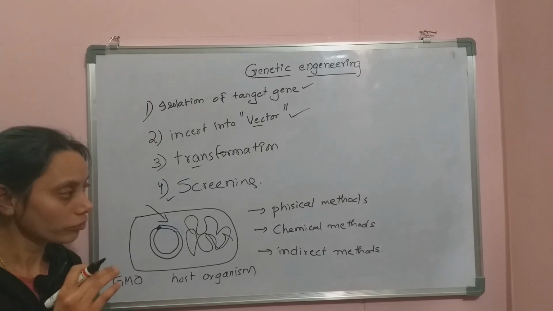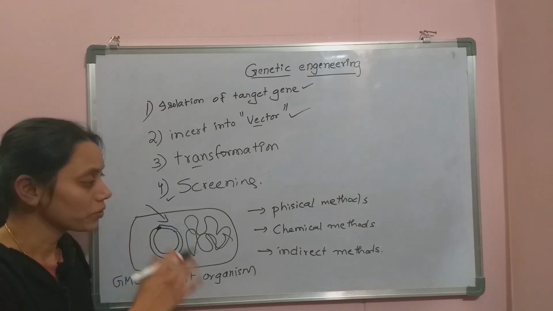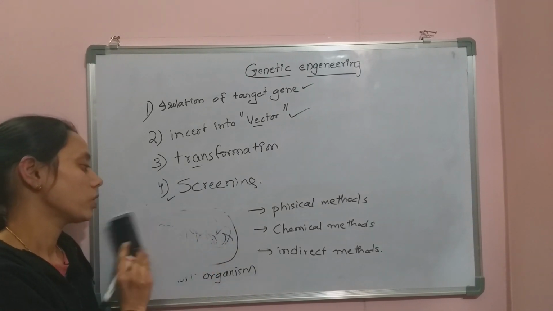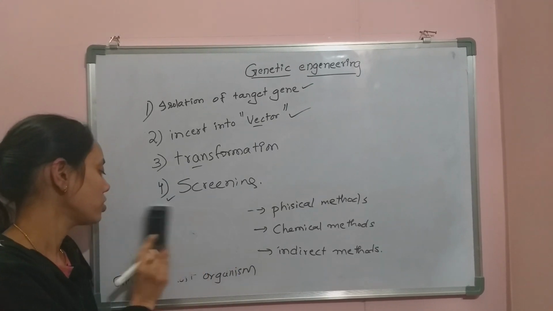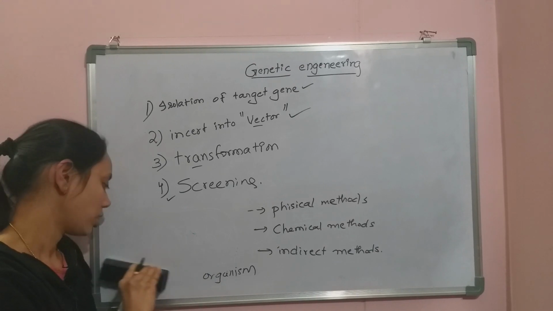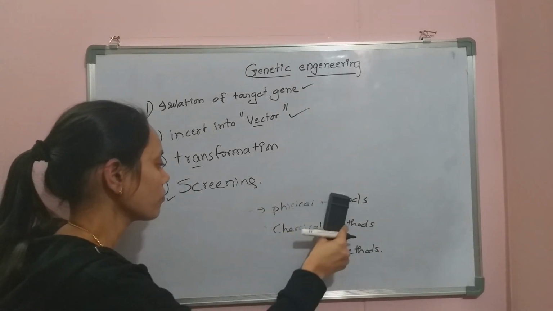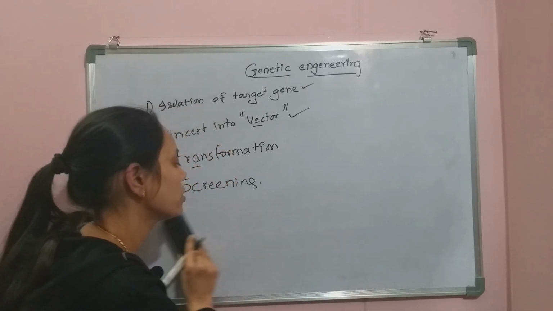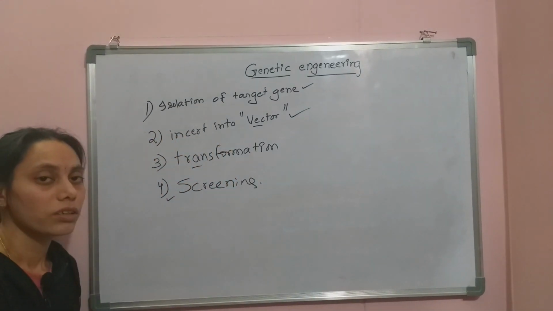So here, up to this the transformation is carried out, but as we already discussed, we may not be very sure that all cells present in the culture dish are transformed.